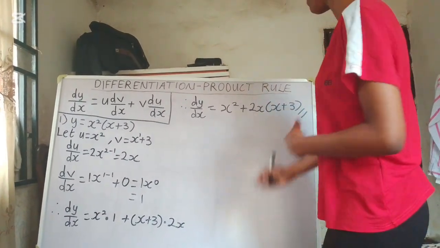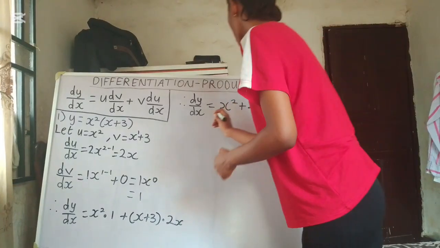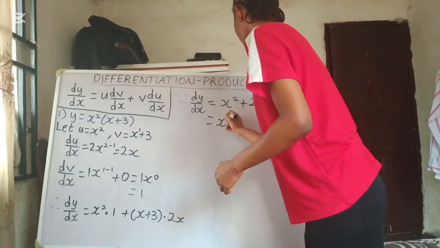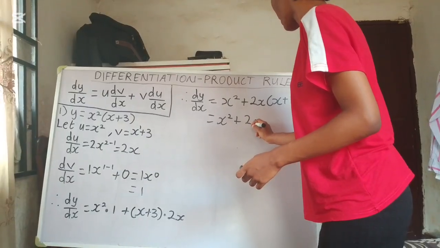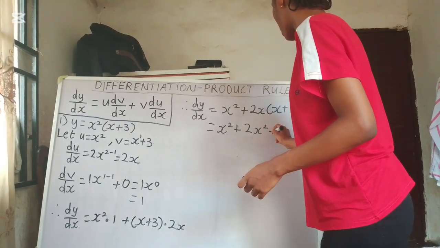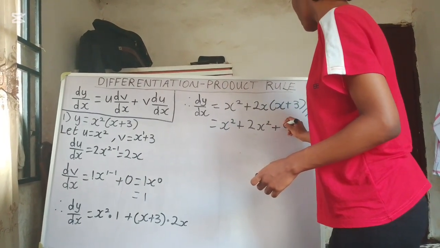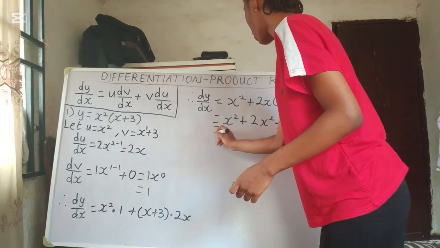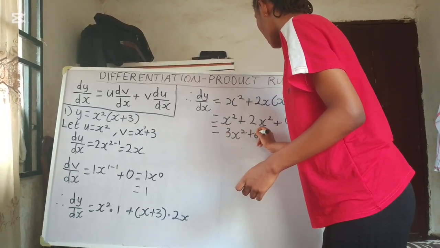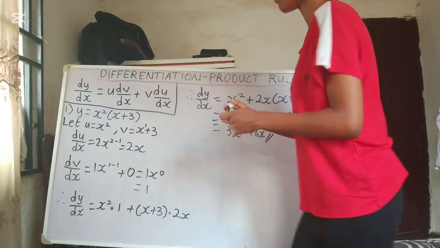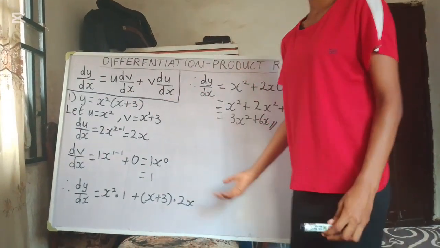So this is the derivative. Let's expand. So this will give us x squared plus 2x multiplying x, that is 2x squared, plus 2x multiplying 3, 6x. So this will give us 3x squared plus 6x. So this is the derivative of our function here above.